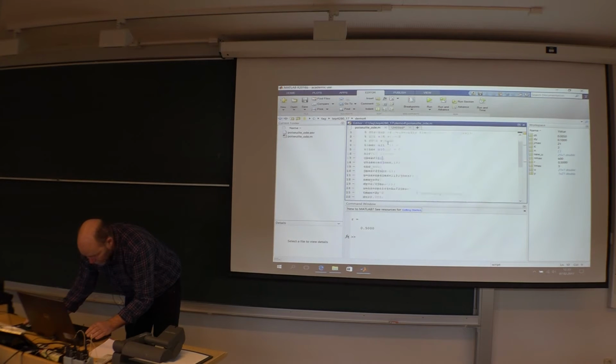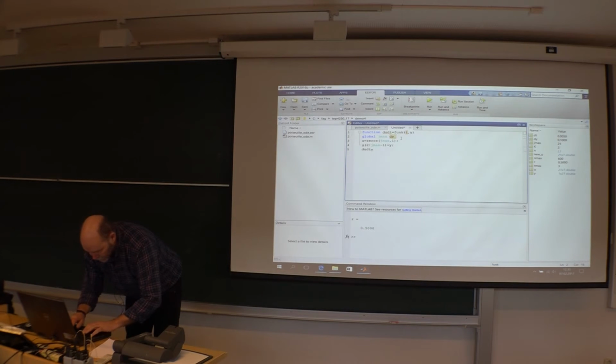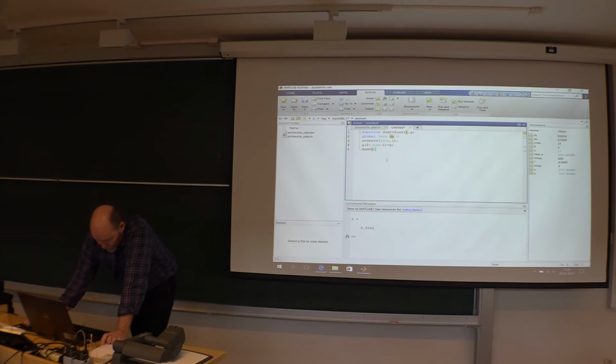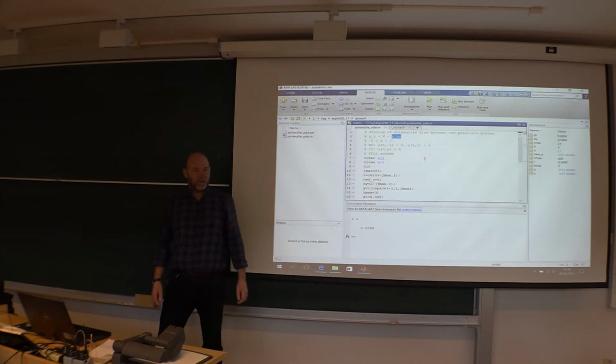Yes, I did. Okay, let's put it in the global here. Then the equation should read something like this. And then it was plus, and now the double derivative with respect to x written as finite difference.